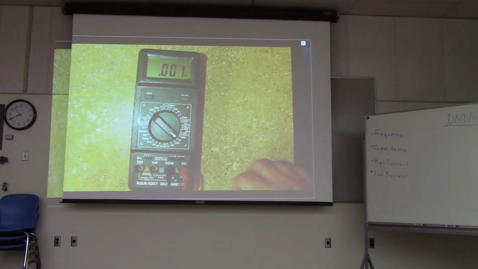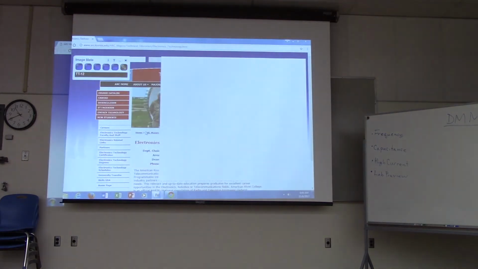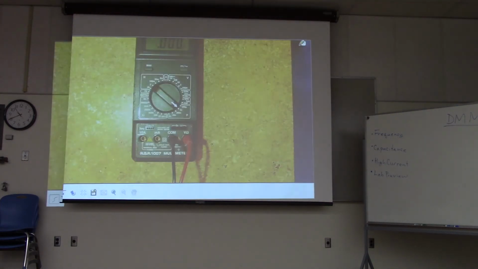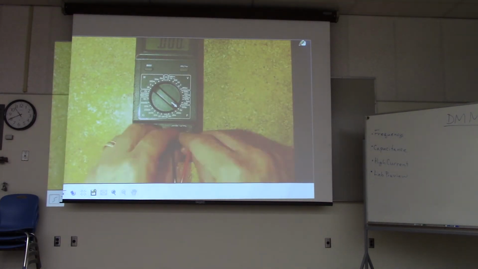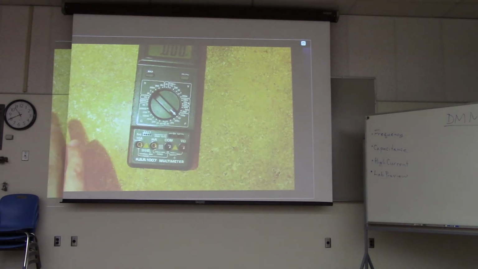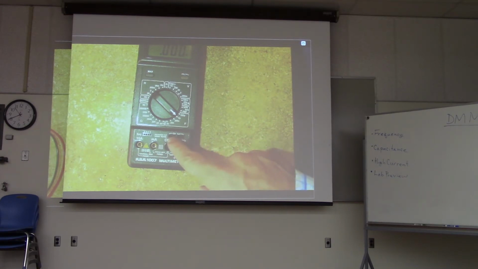Now, the tricky thing about measuring capacitance is that we don't use these leads that we've been using for all of our other measurements. Okay? We're not going to use these leads. What we're going to do instead is that we're going to plug the capacitors directly into these little slots that say LX and CX. Okay?